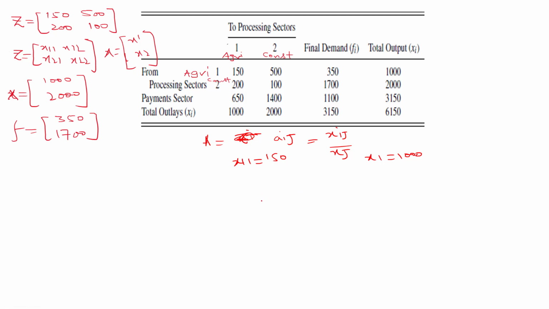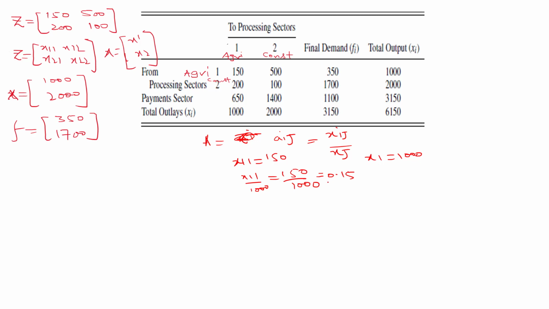So now we want to calculate per unit worth of output. For the first industry, the agriculture industry, it will be 150 divided by 1000. When you divide this, it will be 0.15.